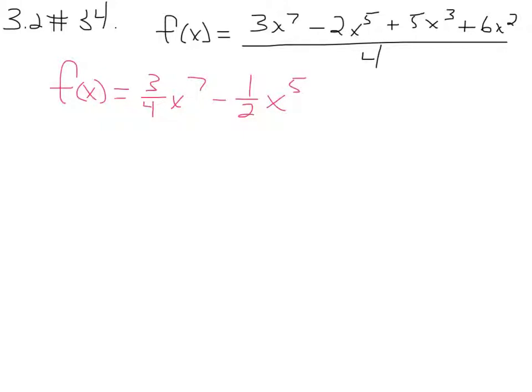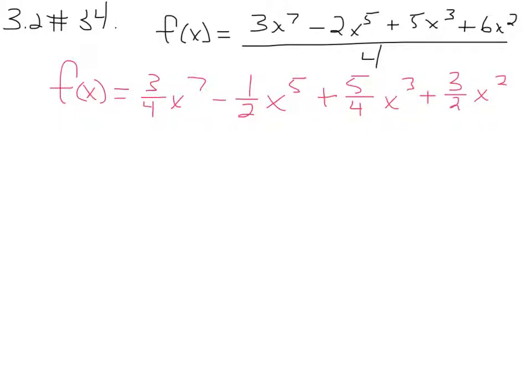Plus 5x cubed over 4, well 5 and 4 don't have any common factors, so I'll have to leave that as 5/4 x cubed. And 6x squared, well 6 divided by 4, they have a 2 in common that I can pull out. So 6 is 3 times 2, so that's a 3, 4 is 2 times 2, so that's a 2x squared.